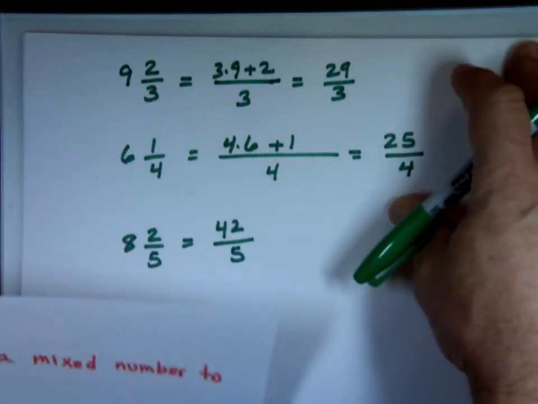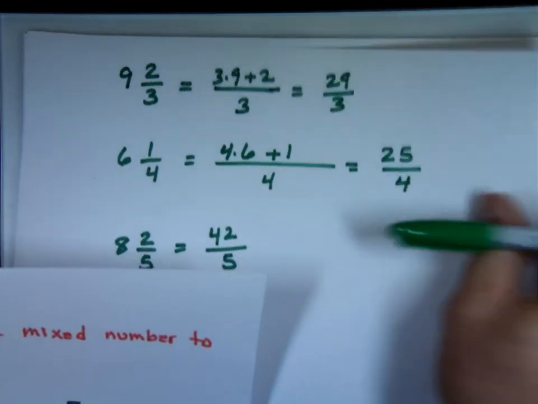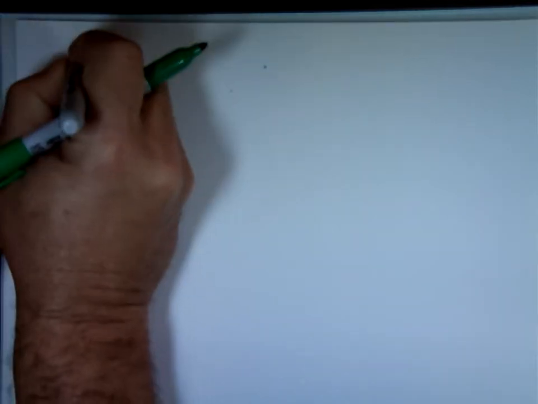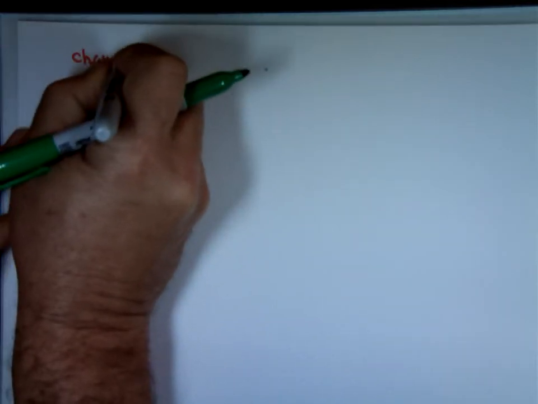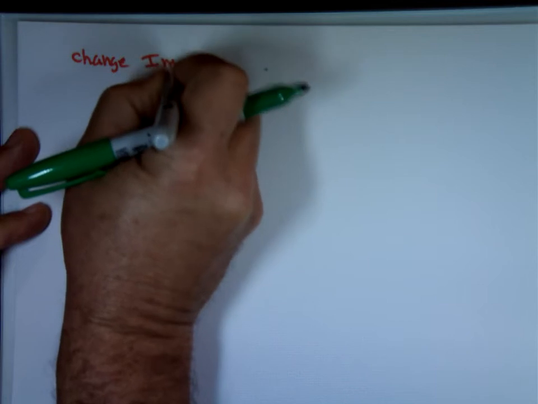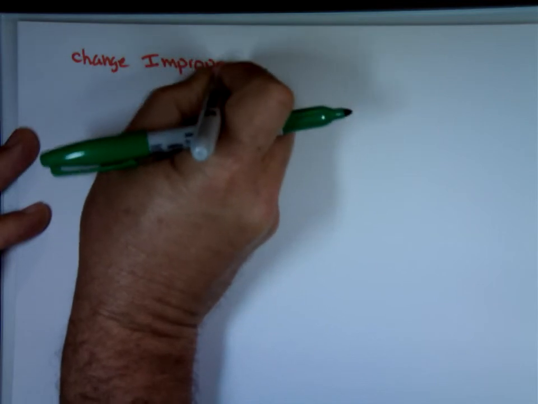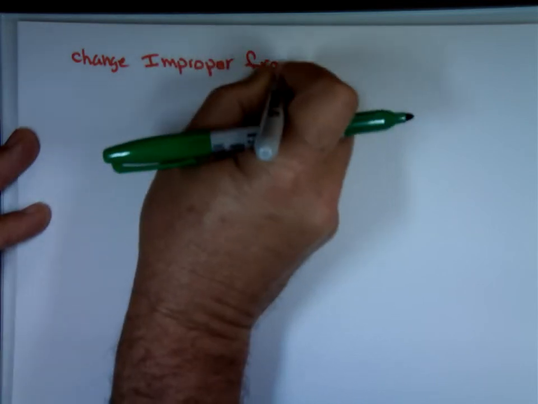Okay. How about the reverse? How do we change improper fraction to a mixed number? Change improper fraction to a mixed number.